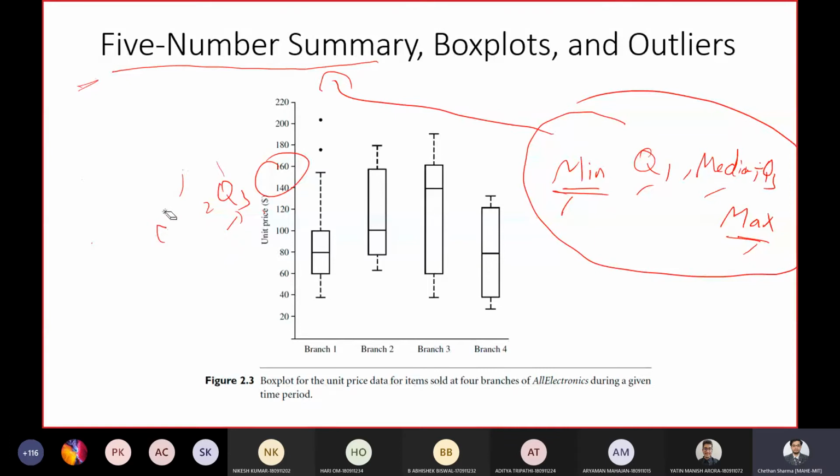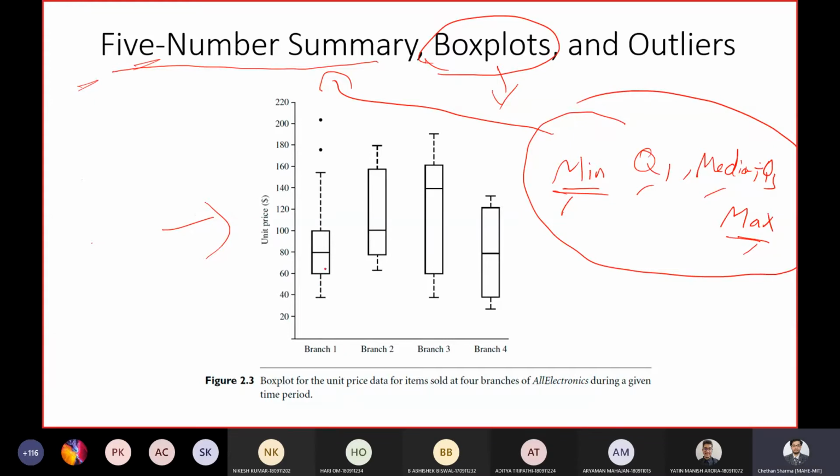Next, we'll see something called a box plot, for which one example is already on the slide. It's a very popular way to see how the data is distributed. This box plot incorporates your 5-point summary. So you have to first know how to infer a box plot.